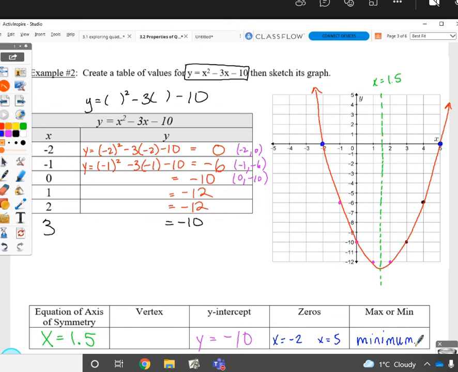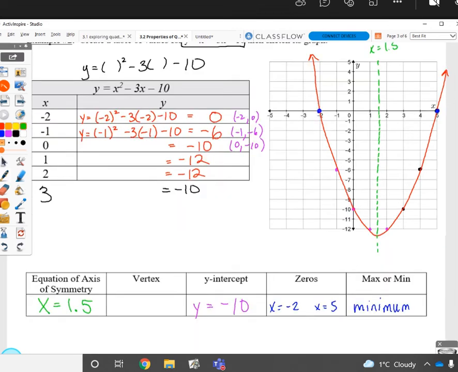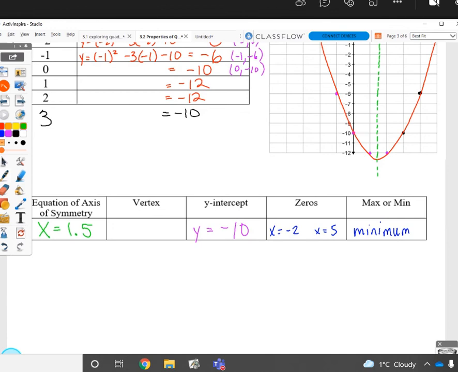Now, this vertex is actually a really funny one. This is something we're going to get into a little bit later, but we know that the vertex is going to have an x value of 1.5. Do you agree? For sure. The vertex is going to be 1.5 comma something, and we don't actually know what that something is yet.